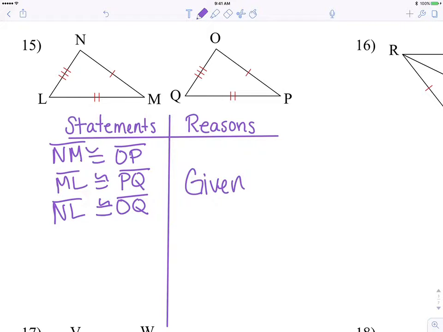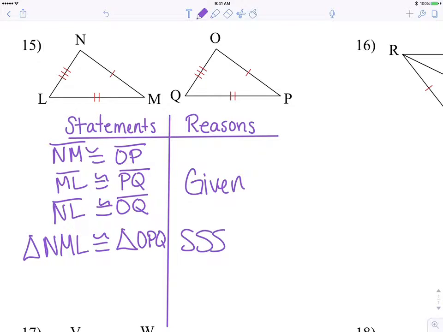Those are all marked congruent, and that's our 3 pairs, so I don't have to go any further. Just go ahead and name the 2 triangles that are congruent. Triangle NML is congruent to triangle OPQ. And the reason is side, side, side.